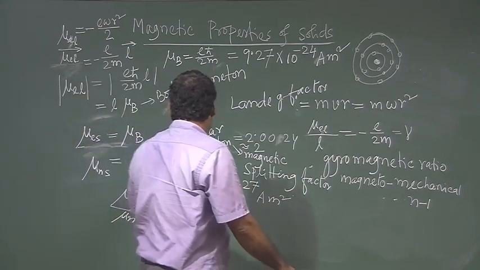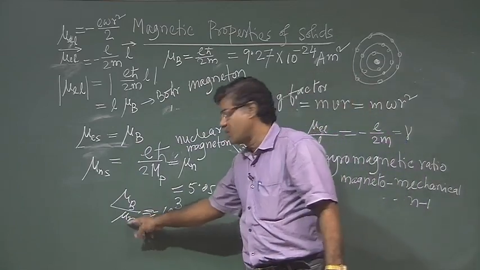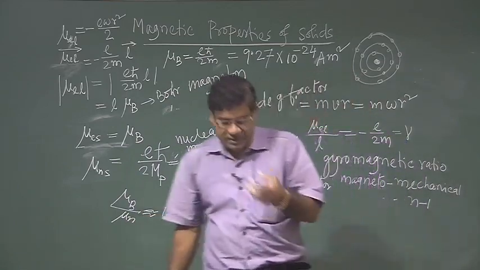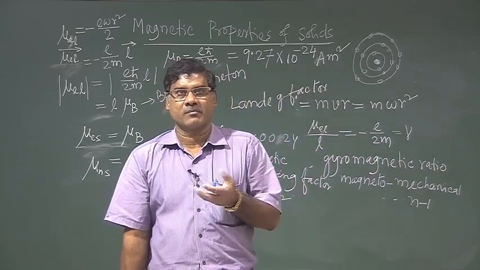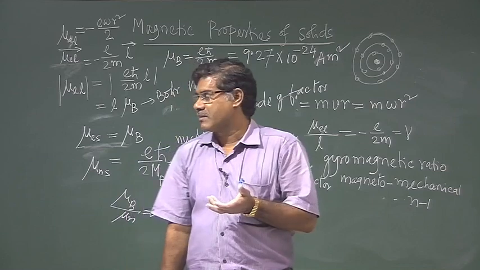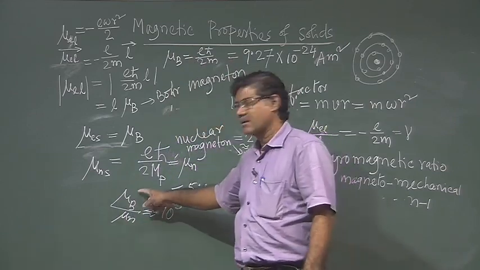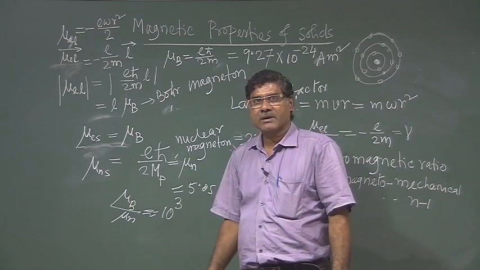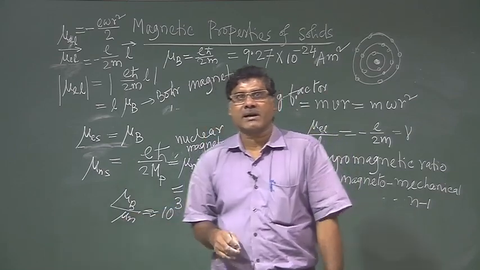So mu B is 1000 times higher than mu n. The magnetic moment from the nuclear contribution is very small compared to the electron contribution.